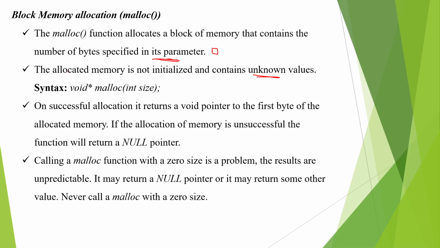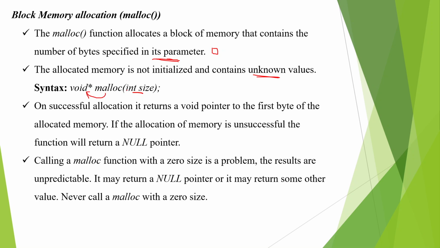So, the syntax for allocating the memory from heap using malloc. Malloc of int size. Here you can see int size. How many bytes of memory you want, that size you can specify over here, and malloc will allocate that and will return a generic pointer. Now, void star in the sense what?